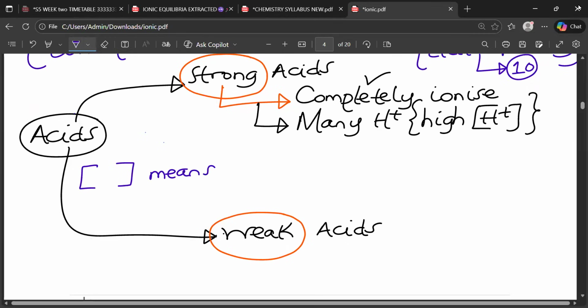I taught it in chemical equilibria. You get the point? So when I put here X in square brackets, that means concentration of X.